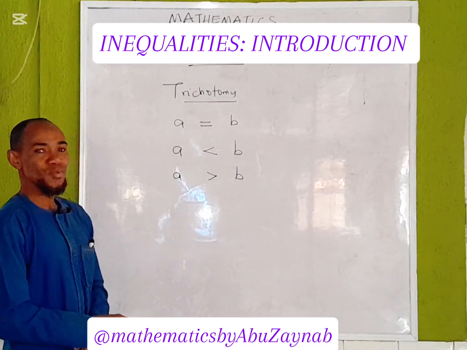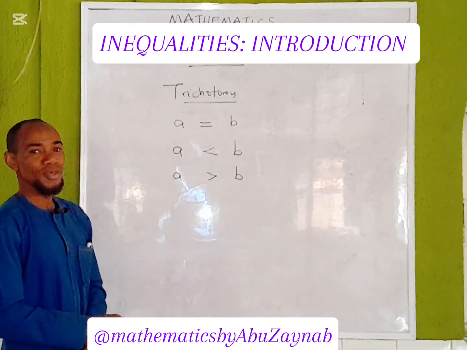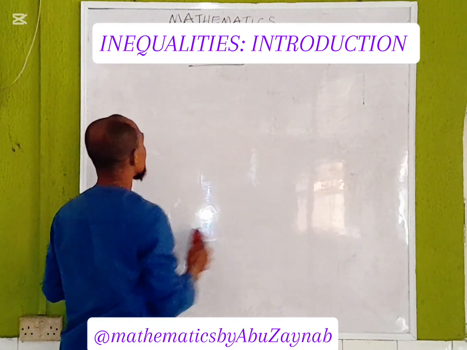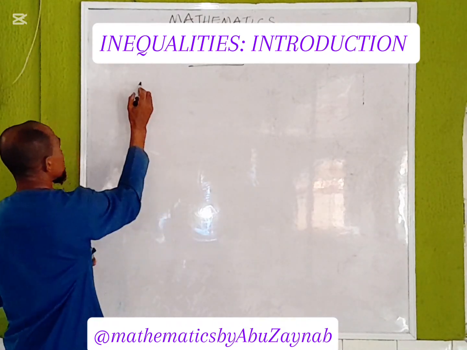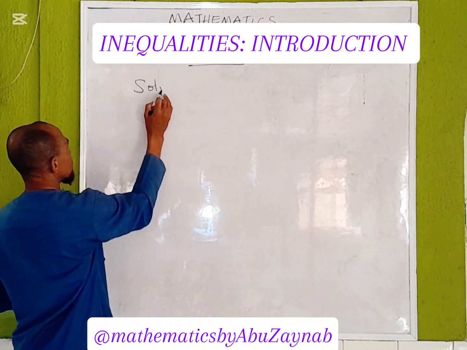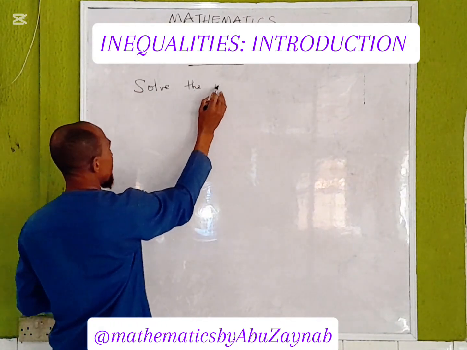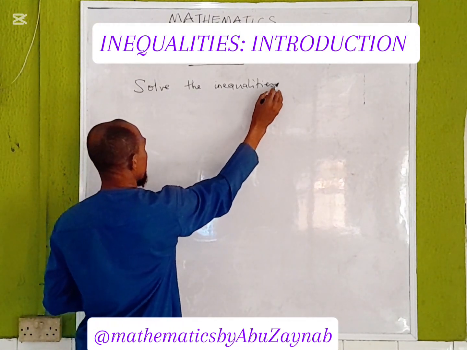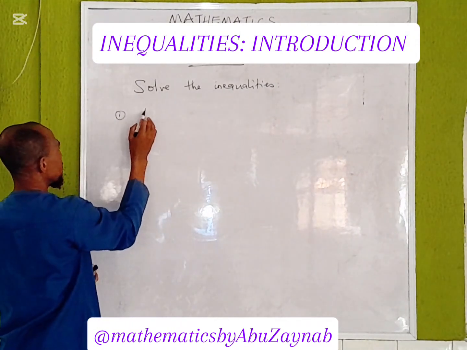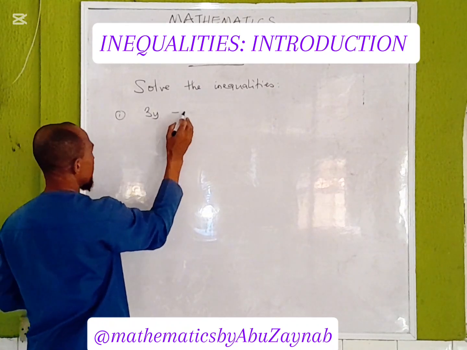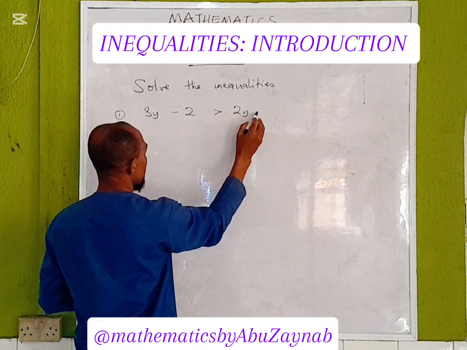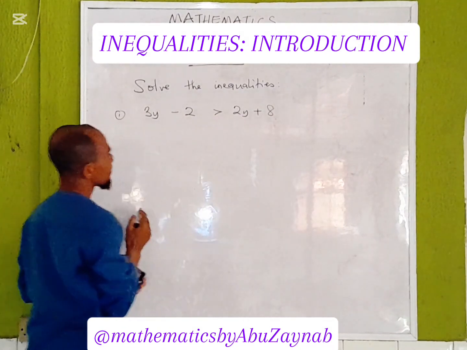So today in our lesson, we are learning how to solve simple inequalities. To start with, let's look at these examples. Solve the inequalities. We have one here: 3y minus 2 greater than 2y plus 8.